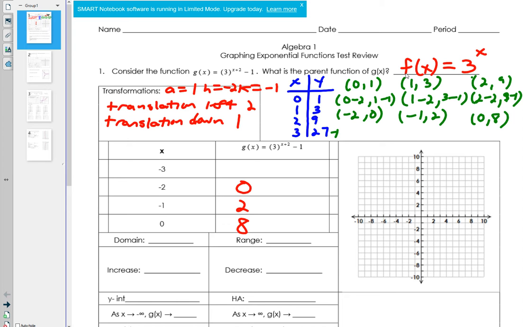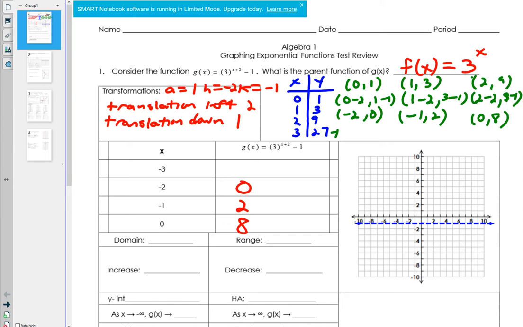Where's the asymptote going to be? Ingrid, where's the asymptote going to be? Good. y equals -1. So I'll find -1 and draw a little horizontal line through it.